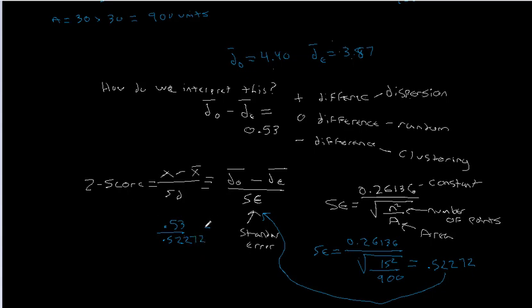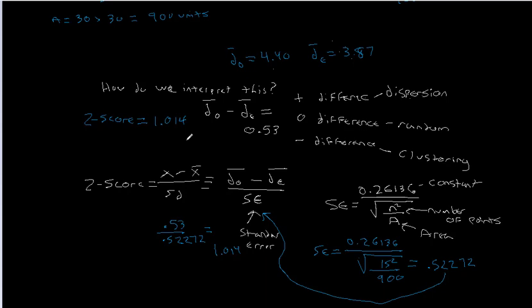And if we do the math on that, we get a value of 1.014. So our Z-score for this particular example is 1.014.